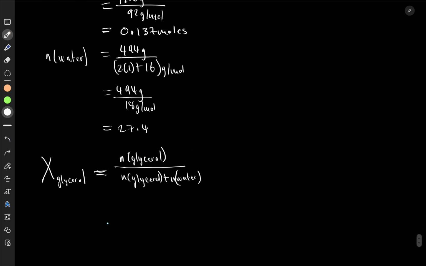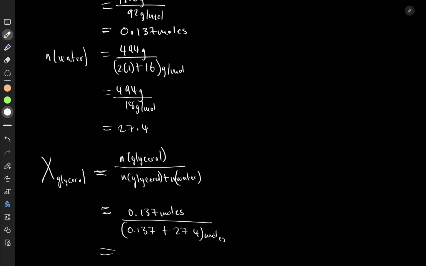So here, glycerol, what does it say? It is going to be 0.137 moles. Then divided by, in here we say 27.4, or we say 0.137 moles, or plus, sorry, 27.4. We can put the moles outside to say moles. Then here, what would we get?